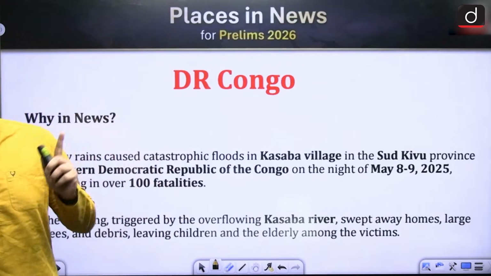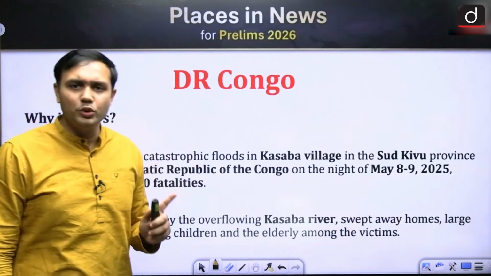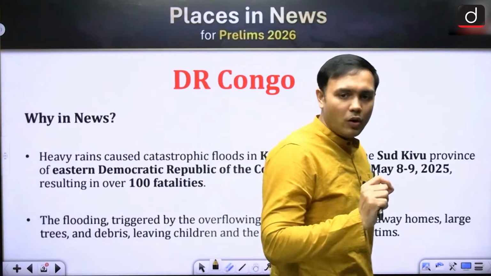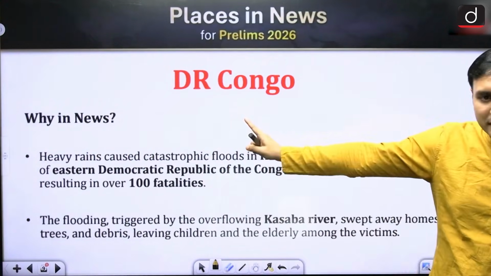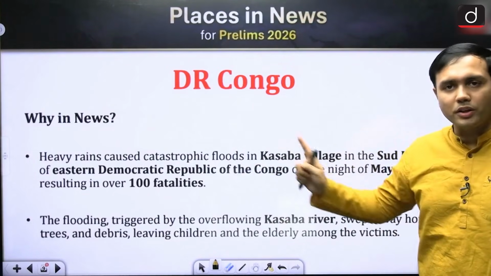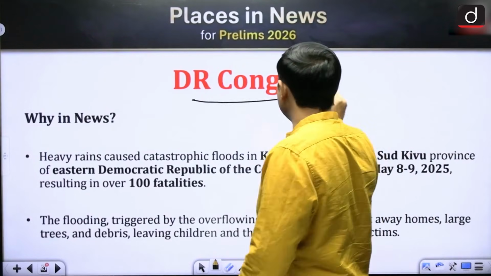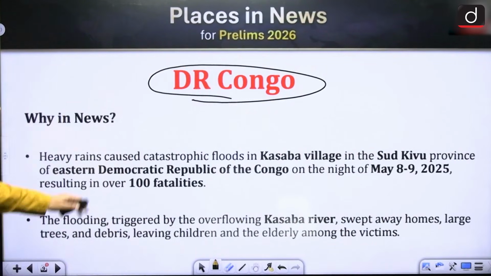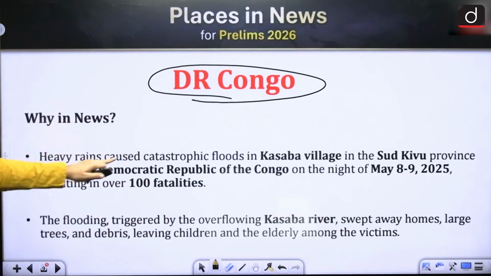In that regard, the first place that you are going to see today is the Democratic Republic of Congo. Now, this is an important country right in the middle of Africa, right? So this is a very important country. It is, of course, in Africa.